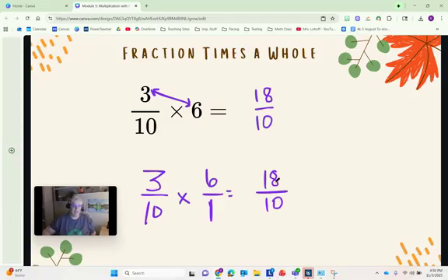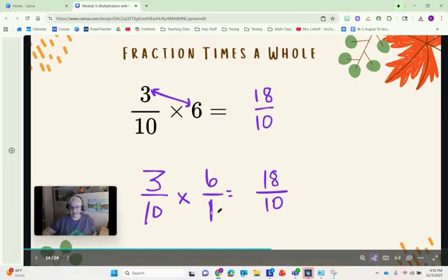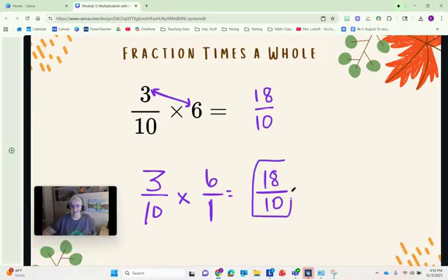Whichever way makes more sense to you, it doesn't matter. You're doing it correctly. So if you recognize that the whole number is multiplied by the numerator of the fraction, that's great. If you have to write the whole number out as a fraction to multiply your numerators and multiply your denominators, that's fine too. Either way, I have found the answer, 18/10.